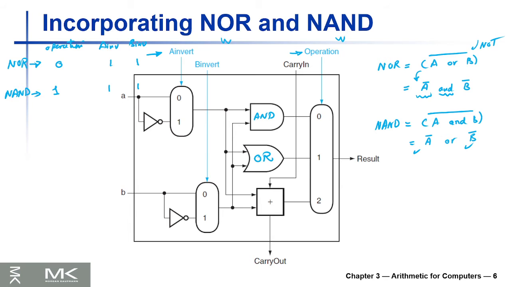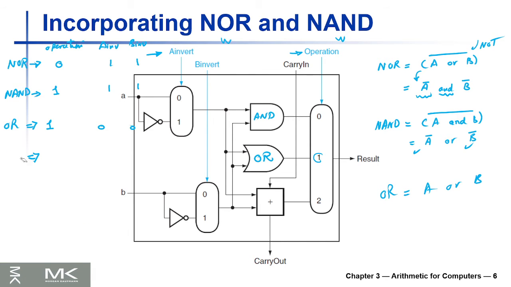Just to make it clear for you, what if I want to make OR, the normal OR, which is A or B? What's going to happen? For OR, the operation is 1, but the A inv and B inv are just zeros. How about AND, not NAND?